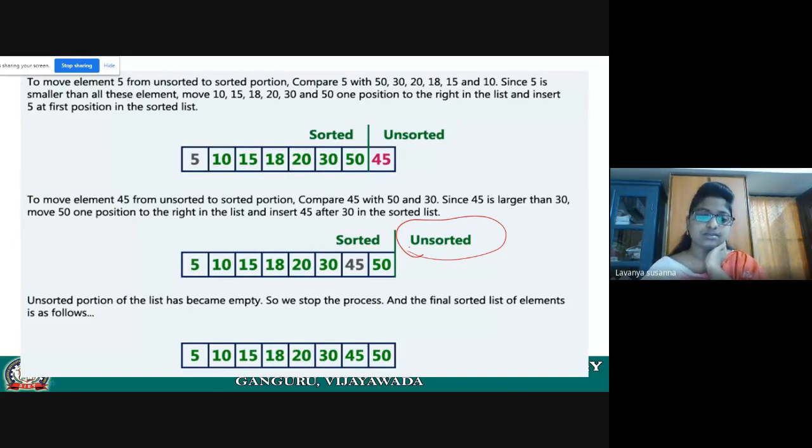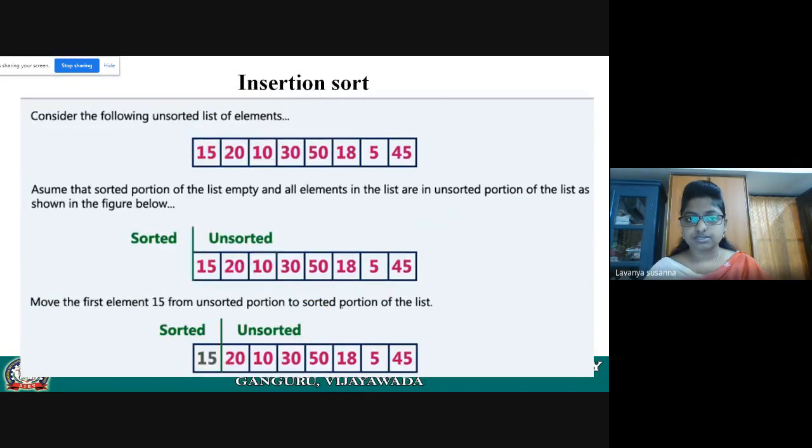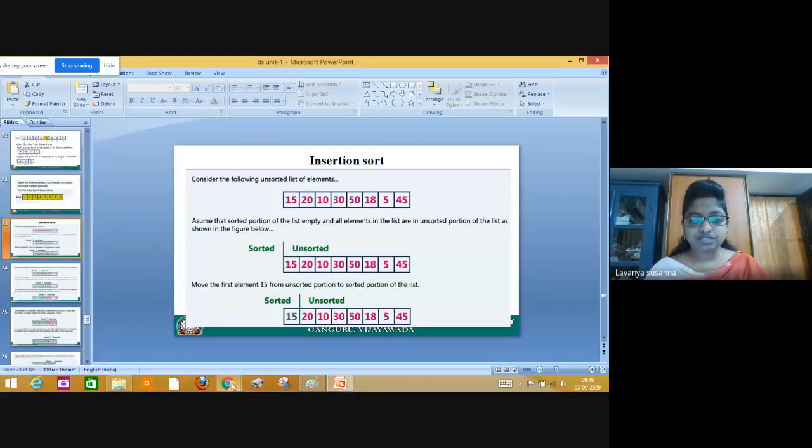Any doubts, students? Once again, see that it is very easy. Insertion sort is very easy.